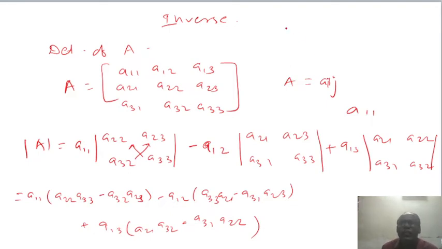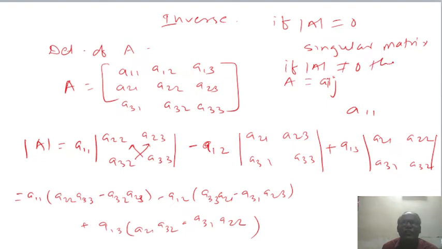Now here, if the determinant of A is equal to 0, it is called a singular matrix. And second, if the determinant of A is not equal to 0, then it is a non-singular matrix. Is it clear? That is how to find the determinant.